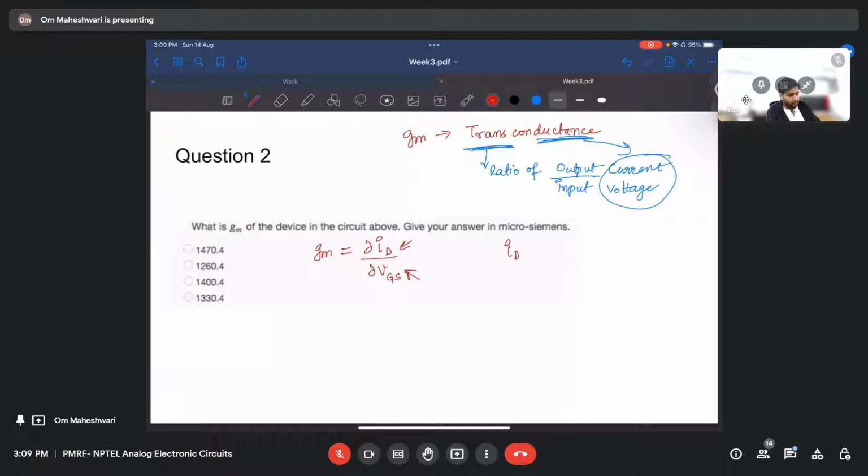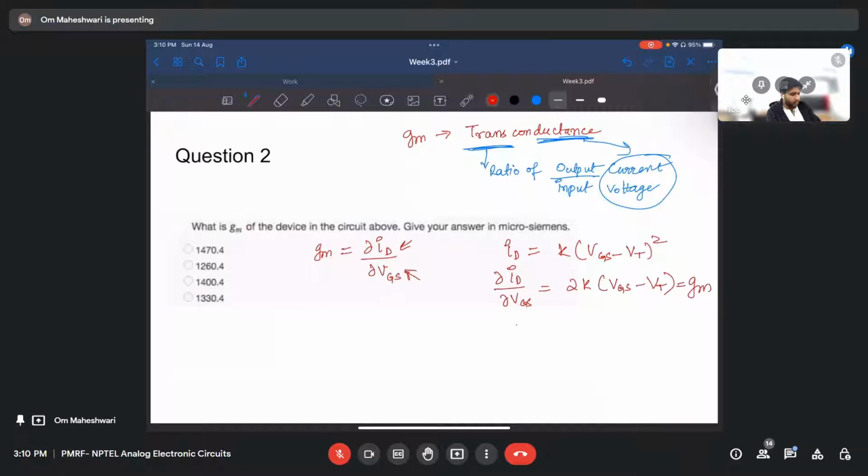We know ID is K times VGS minus VT whole square. So del ID by del VGS equals 2K times VGS minus VT. This is gm.